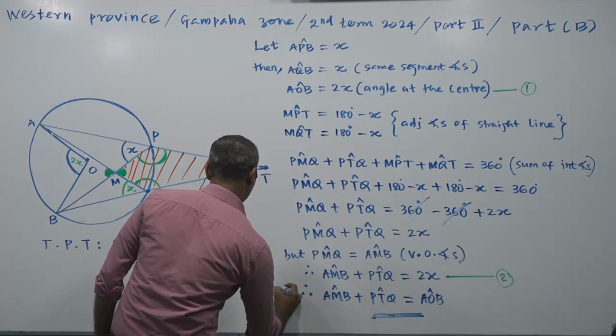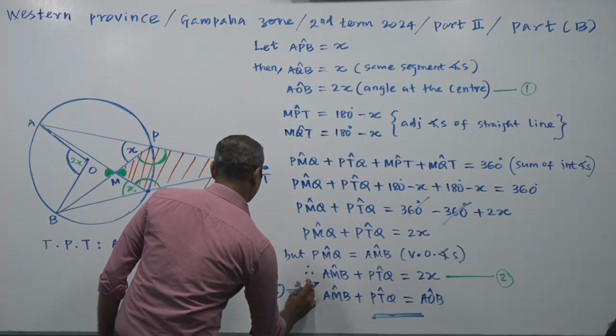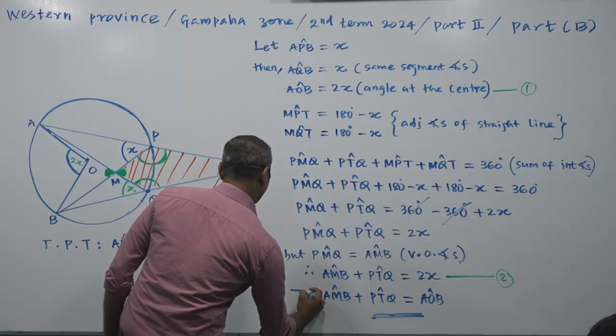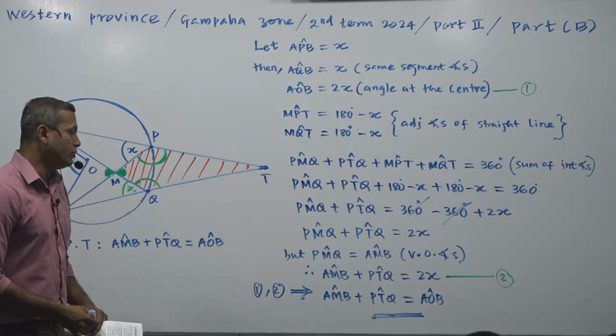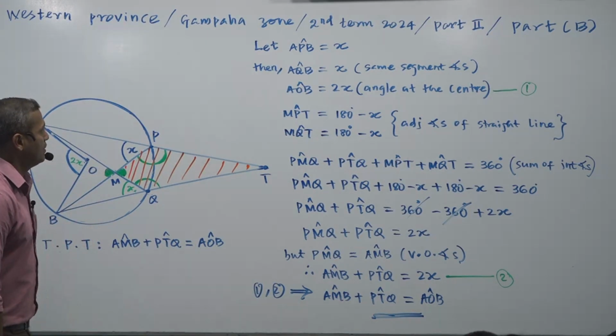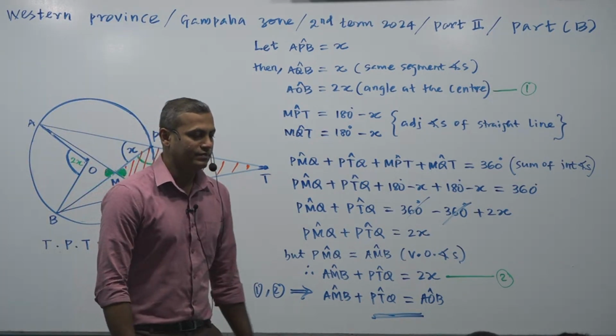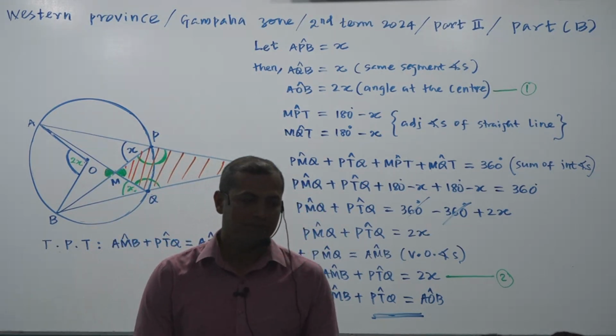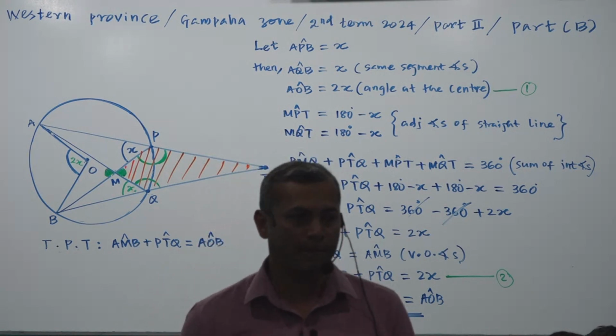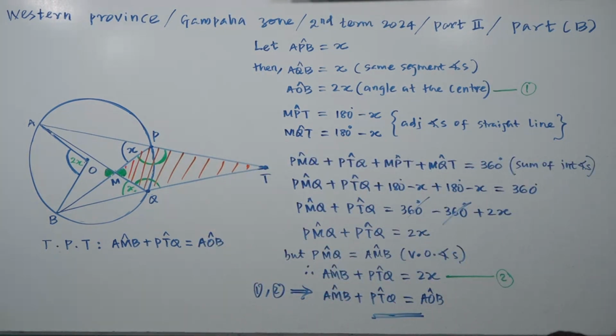From 1 and 2, we can say AMB plus PTQ is equal to AOB. Check your answer. Let me know if you have any doubts. Any doubts?